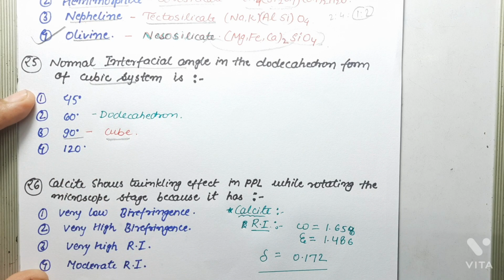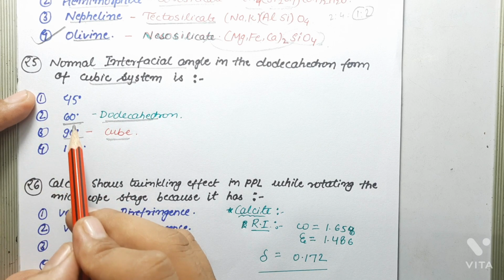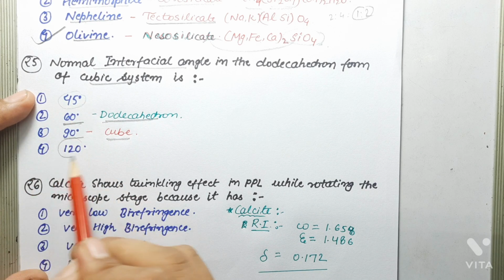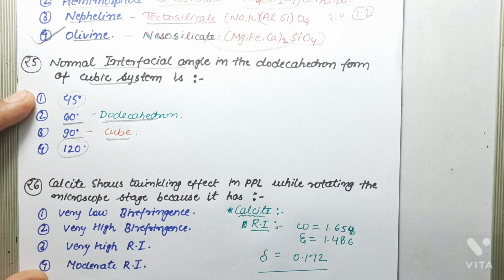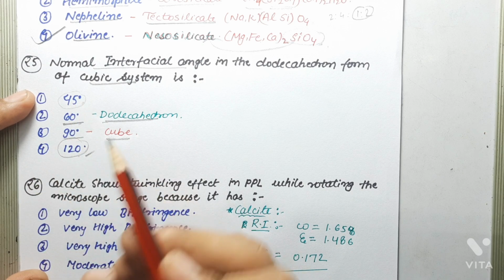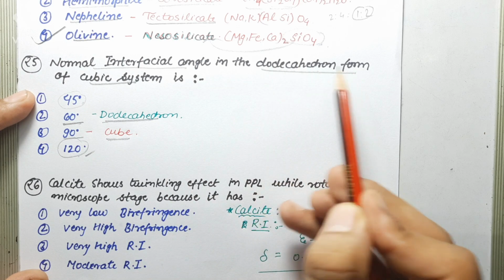In case of dodecahedron, the interfacial angle is 60 degree. I don't know about these, which form shows these 45 degree and 120 degree interfacial angle. If you know something about these two, please let me know in comment section. So as far as the dodecahedron form is concerned, the correct answer is 60 degree.